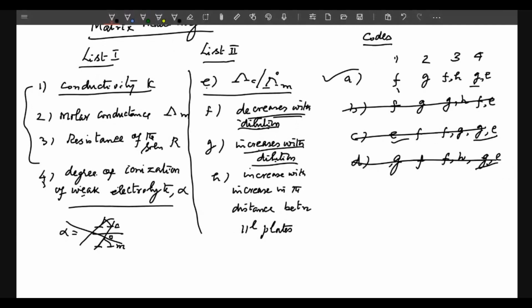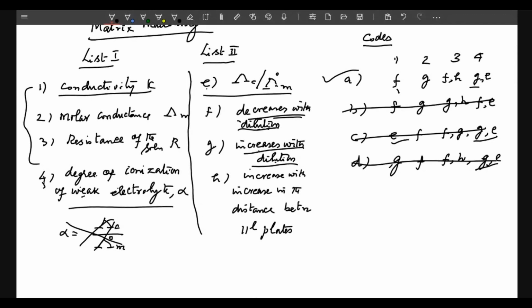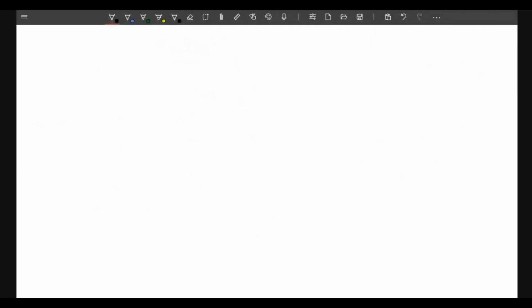Tomorrow's session would be on the transference number determination, then the Debye-Hückel-Onsager limiting law equation and the problem, and finally the conductometry applications. That also tomorrow. Thursday, I'm having the last class in electrochemistry, and in that way I will finish this.